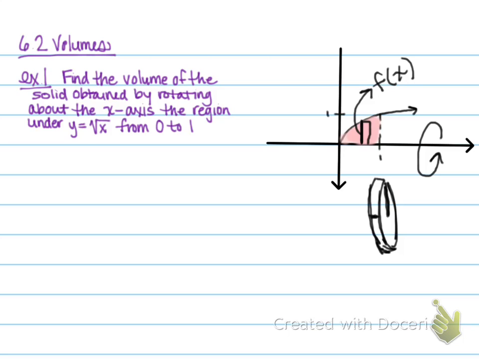So what we're going to integrate, it's easier if you see me write it out, is the integral from 0 to 1 in this case of the area of a face of the disc, which would be pi times f of x squared, times the width of the disc, which is our dx, our change in x.